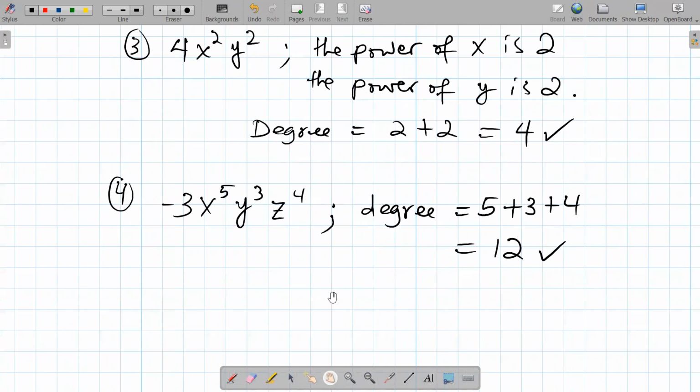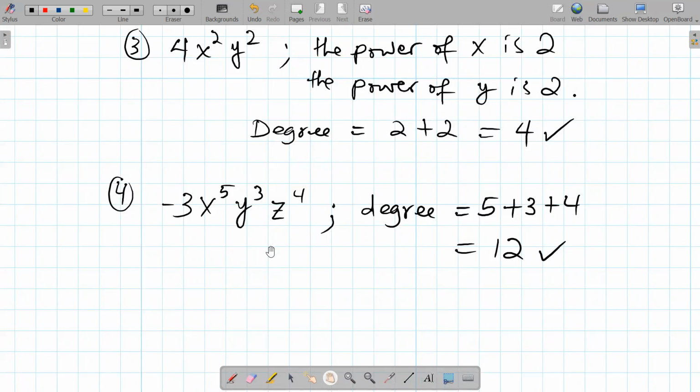Now, if we know the degree of a term, then we should be able to deduce the degree of a polynomial. Mind you, we said that a polynomial is a finite sum of terms. And so if we know the degree of a term, we should be able to come out with the degree of the polynomial.